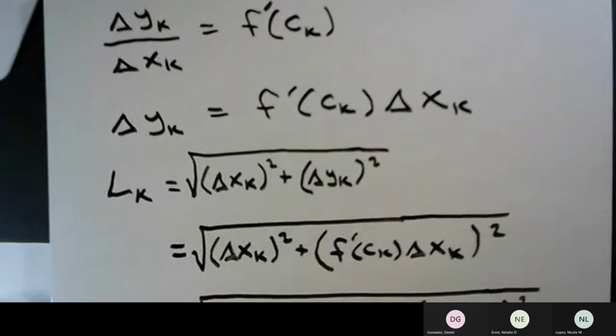Is there a formula we can come up with to find the arc length from some starting point A to some x that we just choose at random that's bigger than A? Well, there is, and this is how we set it up.